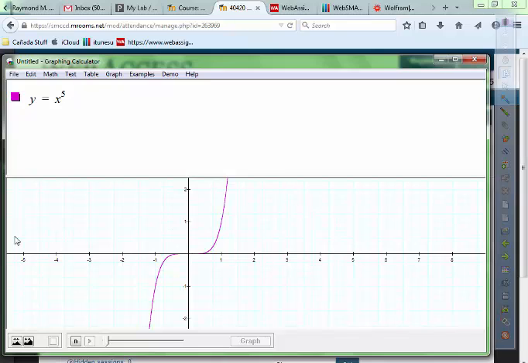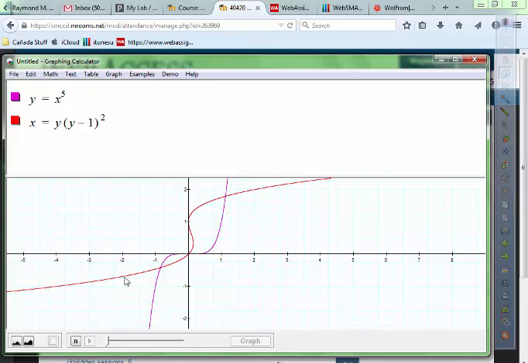What's cool about this is that you could type in another relationship where it's not necessarily a function of y, and this is where your handheld graphing calculator doesn't get to do this very well. And then you get that other function that you wouldn't normally get in your regular graphing calculator.